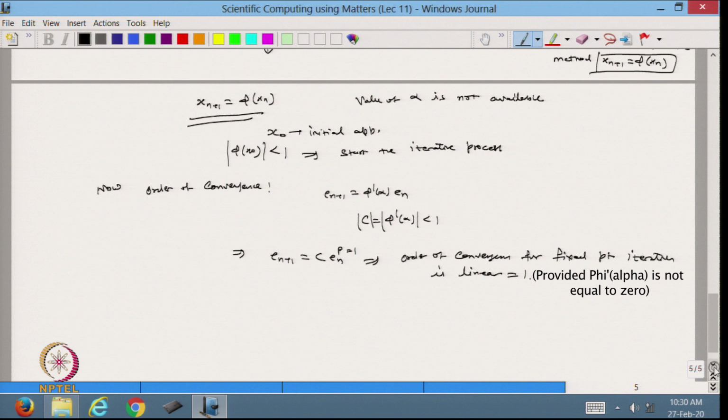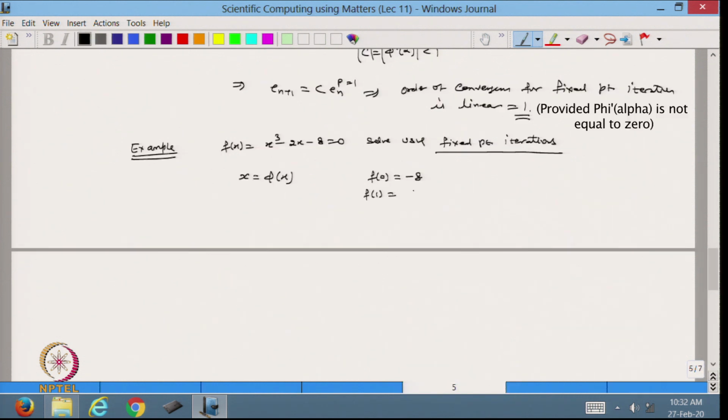Now, for checking, f0 is minus 8, f1 is 1 minus 2 minus 8 which is equal to minus 9, and f2 will be 8 minus 4 minus 8 which is equal to minus 4. f3 is 27 minus 6 minus 8, so this is positive.